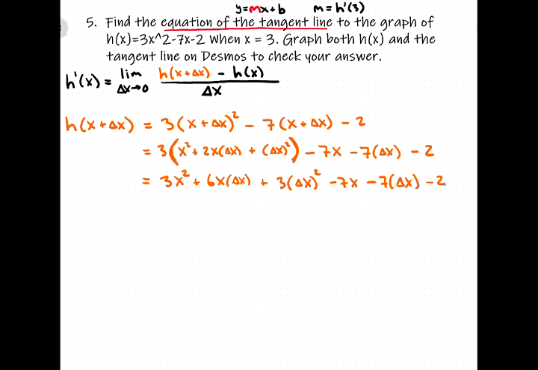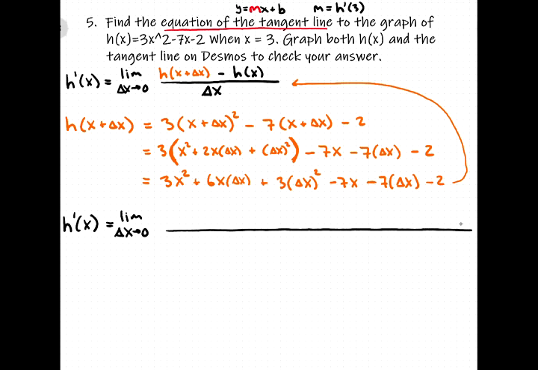Okay, so now we could plug this into our definition of the derivative. So we have h prime of x, the derivative of h of x, is equal to the limit as delta x approaches 0 of h of x plus delta x. So that's what we came up with in orange.